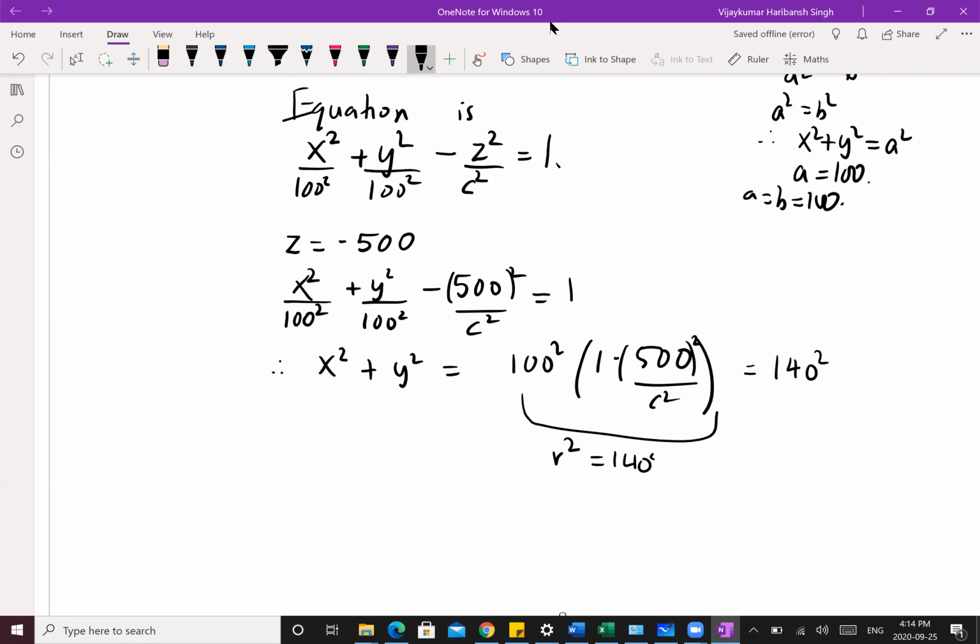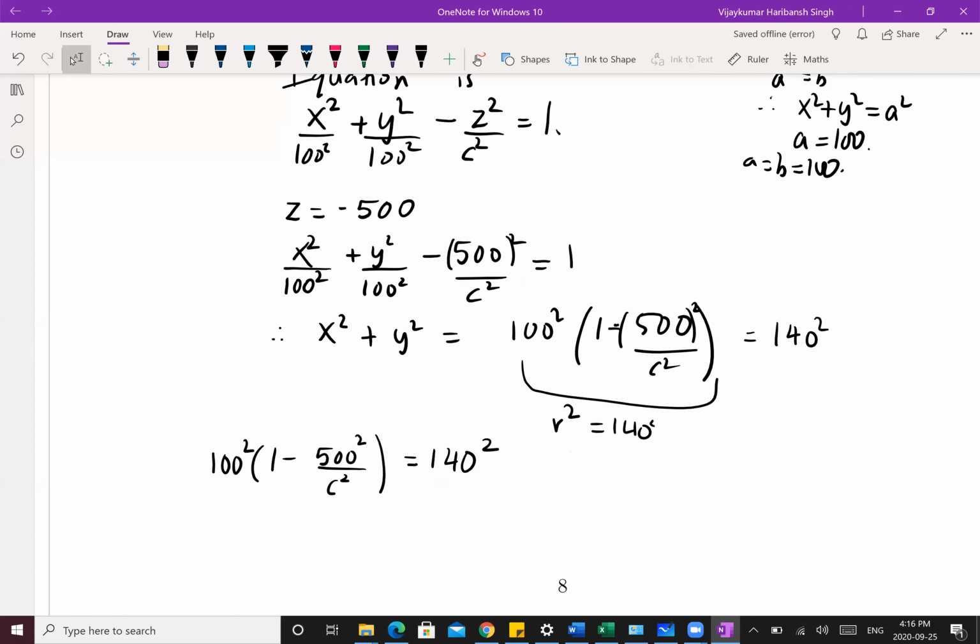Now we want to solve this equation. So we want to solve 100 squared times 1 plus 500 squared by c squared equals 140 squared.